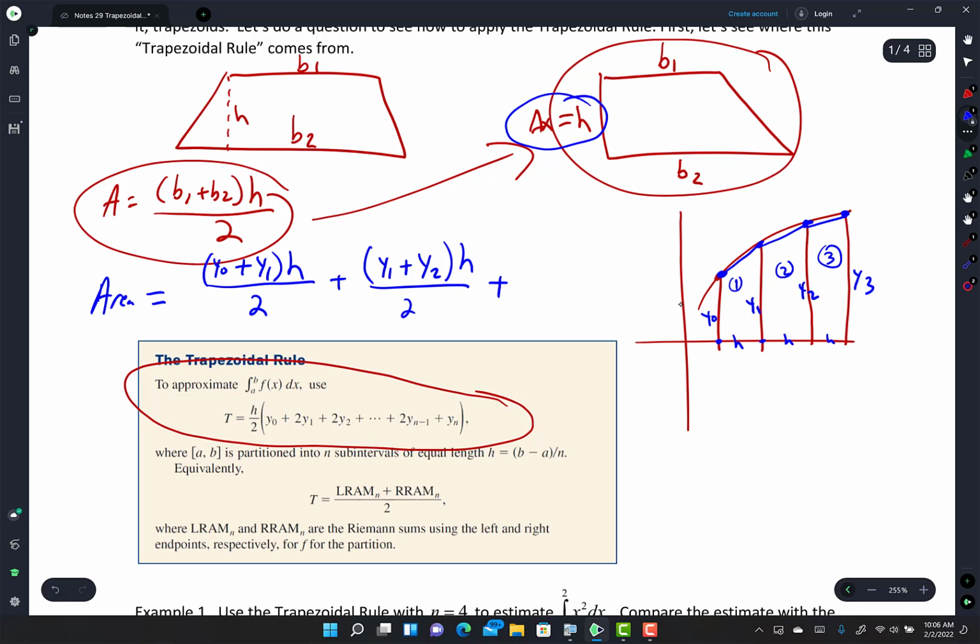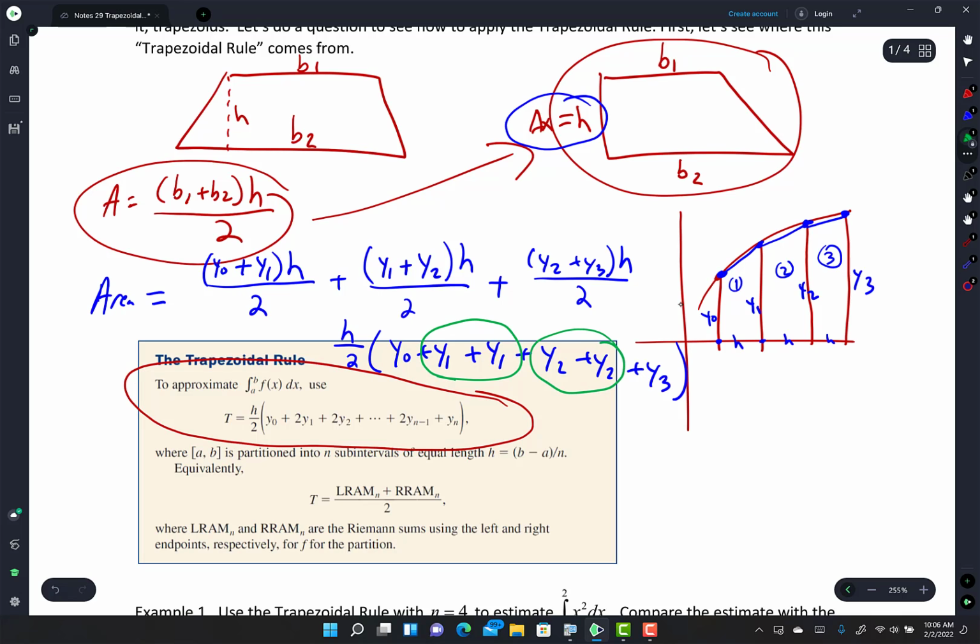Plus, what about that third trapezoid? y2 plus y3 times height divided by 2. What can I factor out from each trapezoid? H over 2. So look what happens when I factor that out. H over 2, parenthesis, y0 plus y1 plus y1 plus y2 plus y2 plus y3, close parentheses. What do you notice?